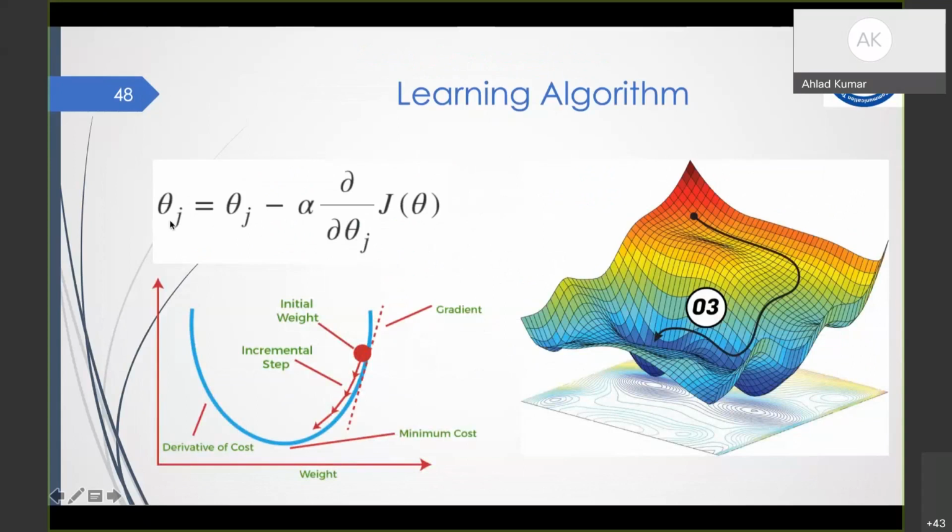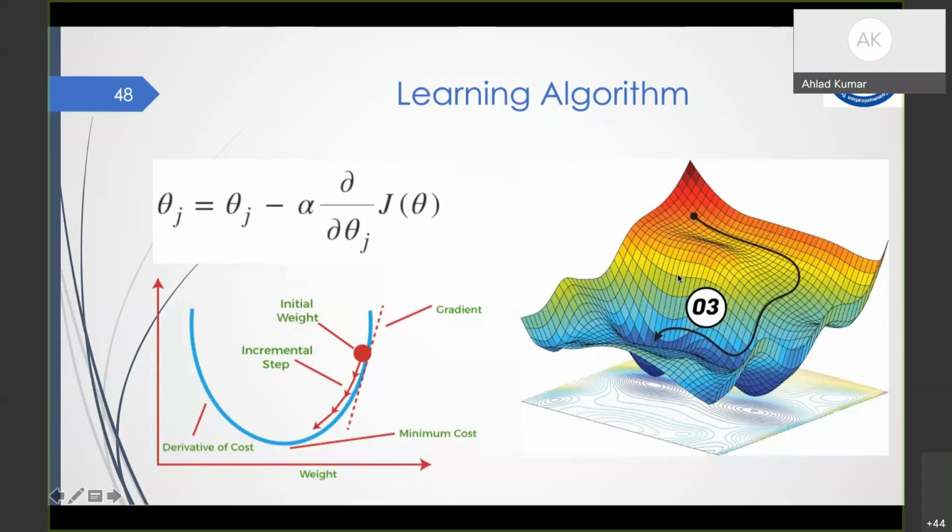Okay, so basically what is happening is, once you have this loss function calculated, right now it is represented by J, but it can be L also. This is the loss function, and the contour plot of this loss function looks like this.